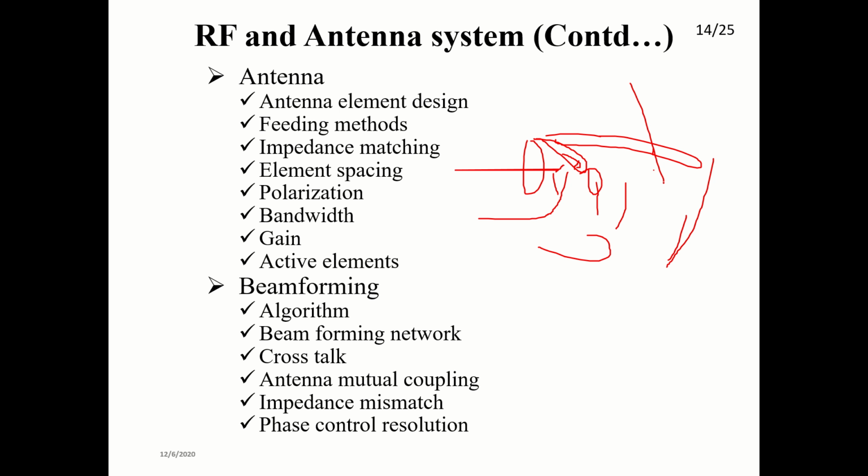We have to employ several kinds of active elements, like phase shifters, ferrite phase shifters, MMIC based phase shifters, and conventional passive phase shifters, like a planar capacitor or inductor combination.